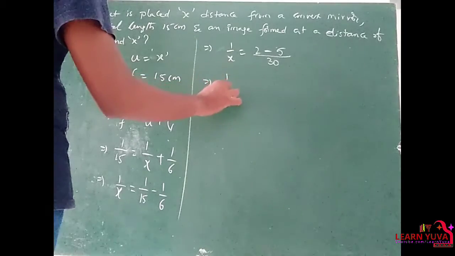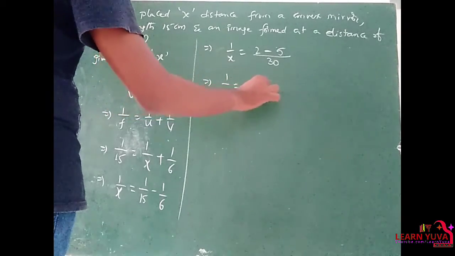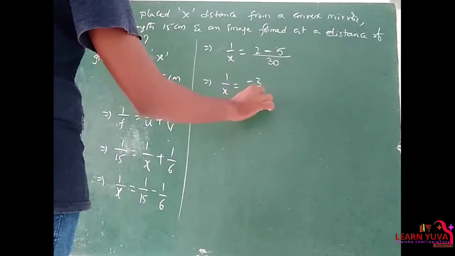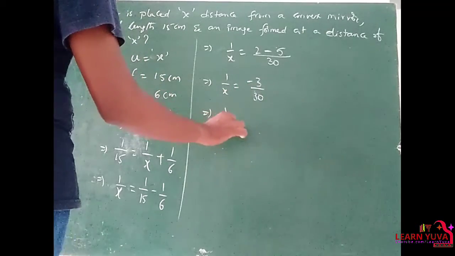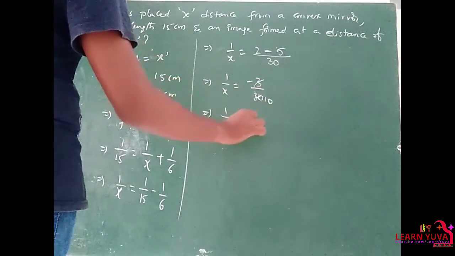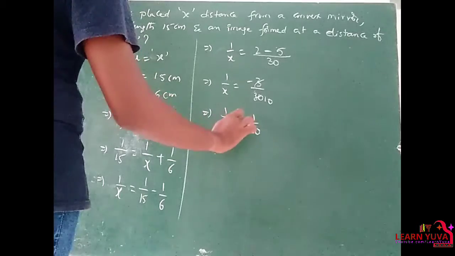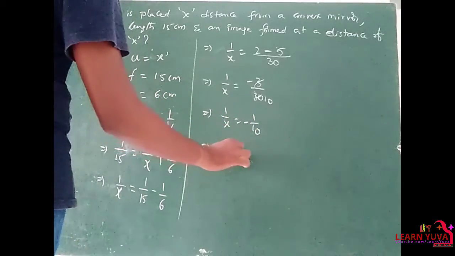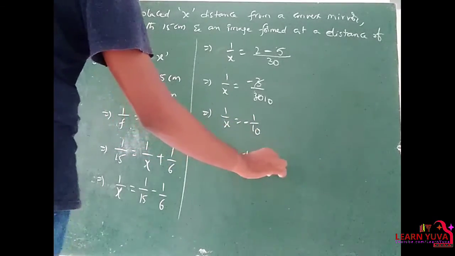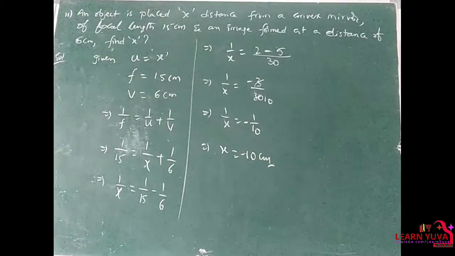That implies 1 by x is equal to minus 3 by 30. That implies 1 by x is equal to minus 1 by 10. So we need x is equal to 10 centimeters from the pole.